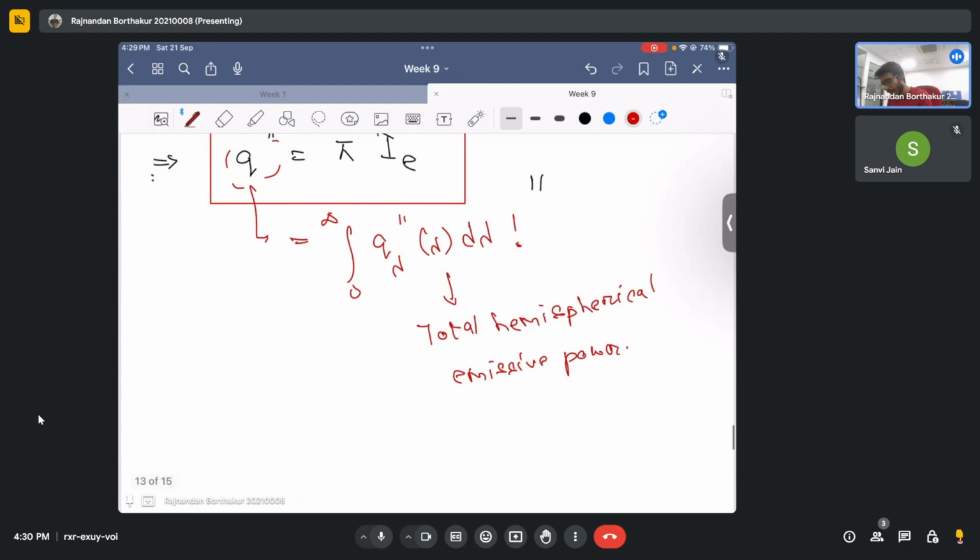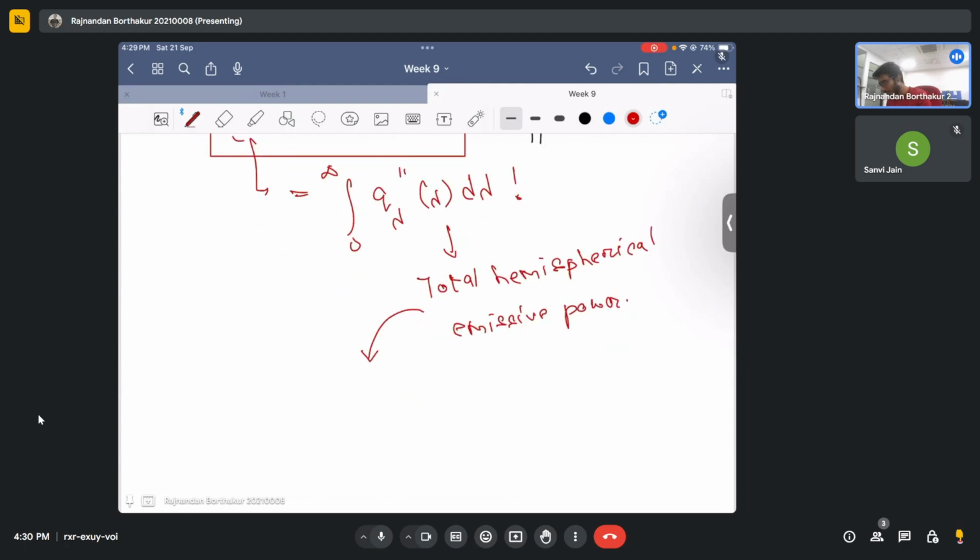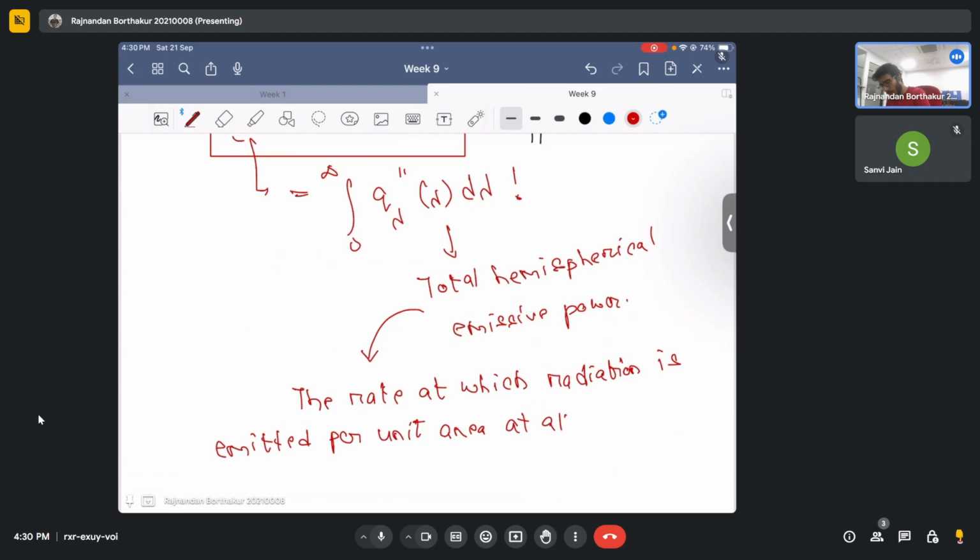And if you want to define it formally, just for the sake of clarity, this is the rate at which radiation is emitted per unit area at all possible wavelengths.